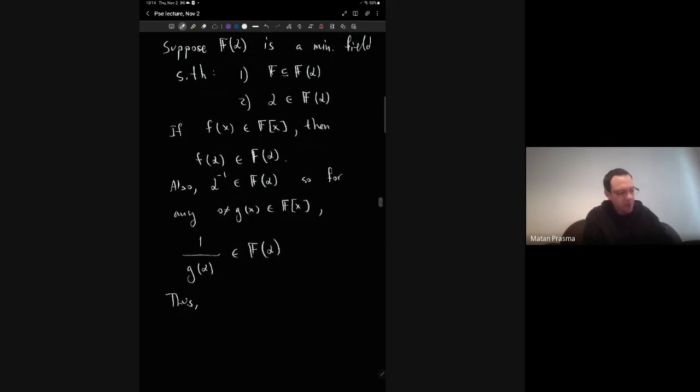This means that for any f and g polynomials in F, the quotient f of alpha over g of alpha, assuming that g of x is non-zero, has to be in F of alpha.